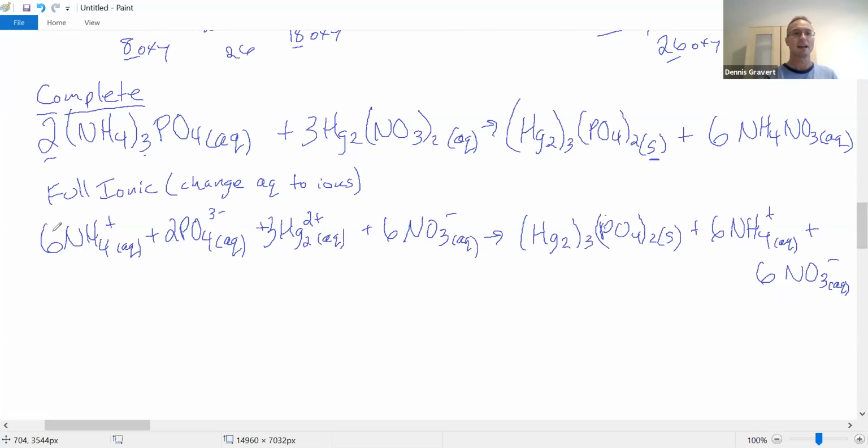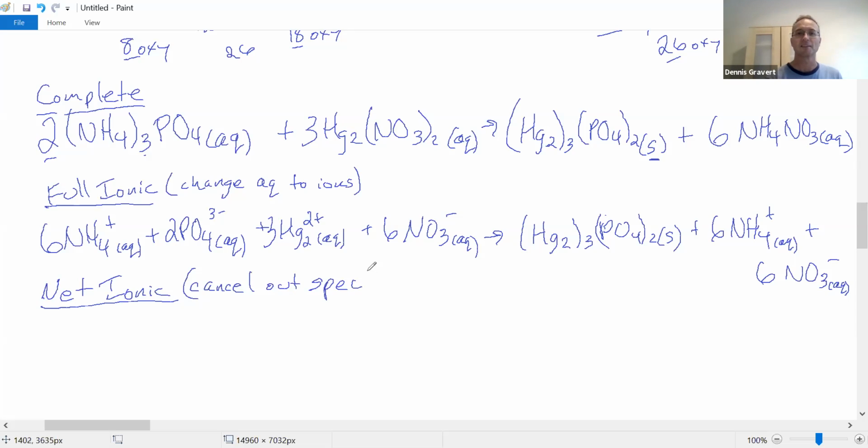Okay, last thing to do is net ionic. And the key is to cancel out the spectators. Who's not doing anything? Who's just along for the ride? Spectator ions. Okay, so just inspect them one at a time. We have NH4 plus aqueous on the left and NH4 plus aqueous on the right.